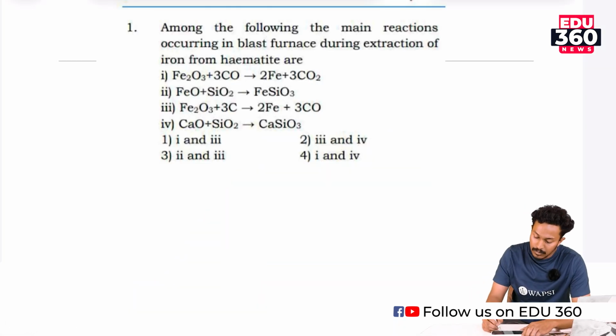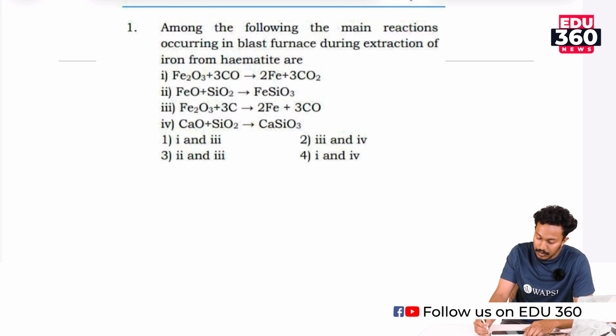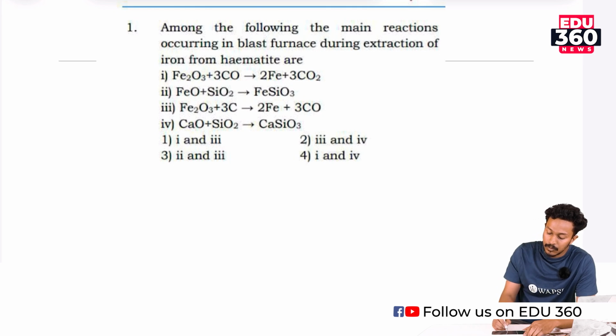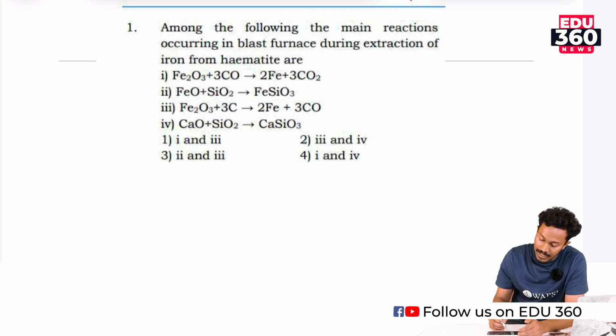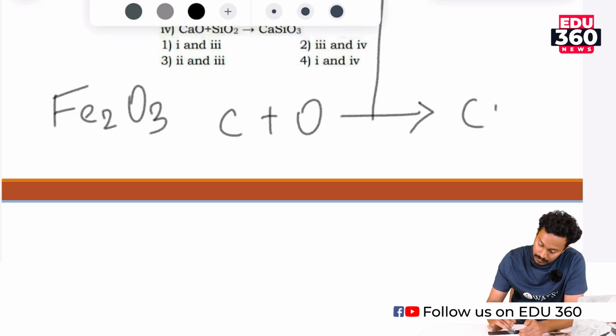The first question is, among the following, the main reactions occurring in the blast furnace during the extraction of iron from hematite are. As we all know, hematite is ferric oxide, which means Fe2O3. Here, this is hematite.